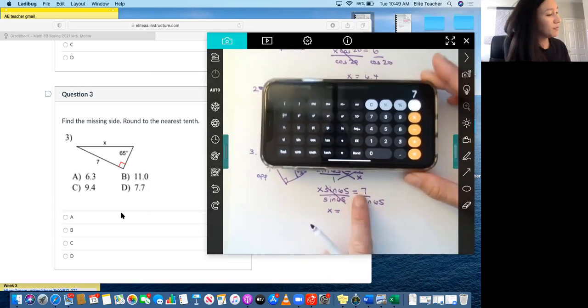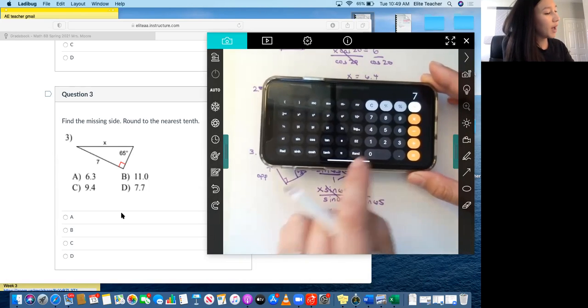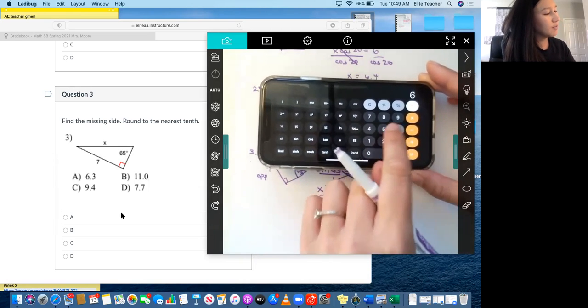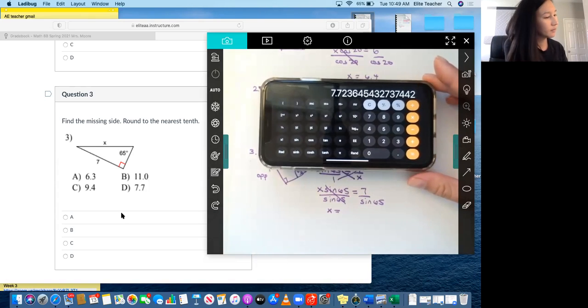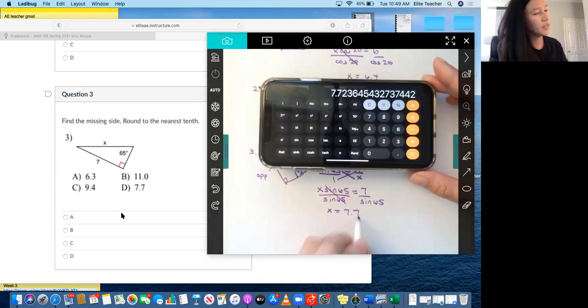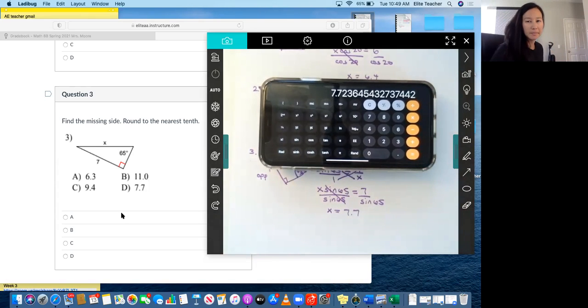Yep, you can put the 7 in first. So you do 7 divided by, and then you have to hit 65 first. And then take the sine of 65 and then hit equals. 7.7. Awesome. Thank you, Jade.